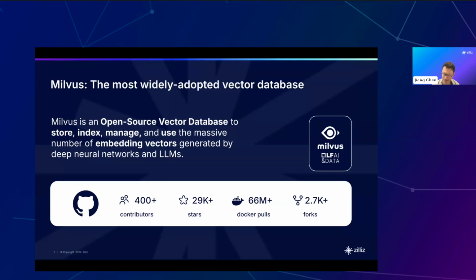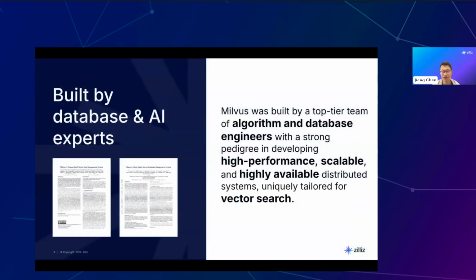Right now, Milvus is very fortunate to have over 29K stars on GitHub and over 66 million Docker pulls. Thanks a lot for the great research work and all those awesome engineers behind this project.